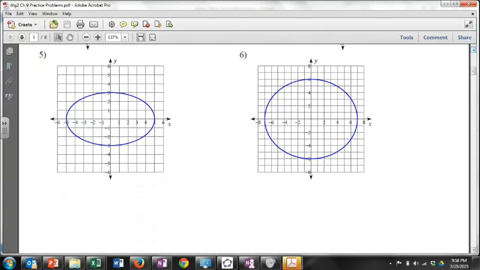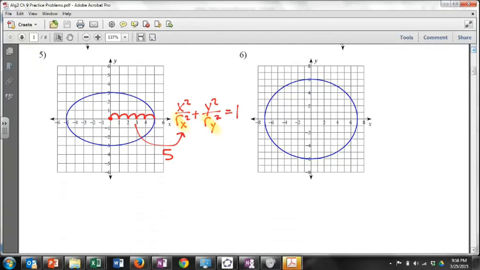Number 5, number 6. These are ellipses. The ellipse is centered at the origin. Let's start off with the standard form: x squared over the radius in the x direction squared plus y squared over the radius in the y direction squared is equal to 1. What we need to do is find Rx and Ry and plug them into the equation. Rx, 1, 2, 3, 4, 5.